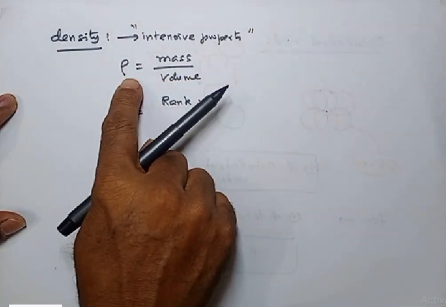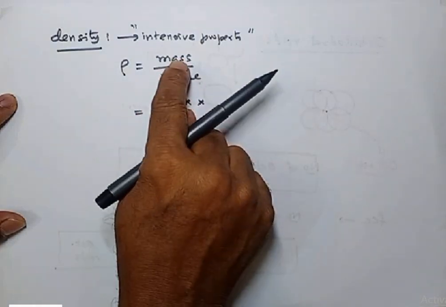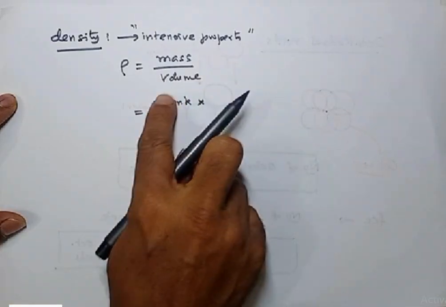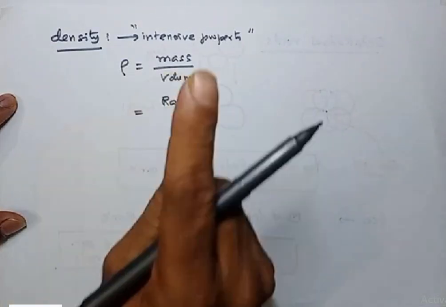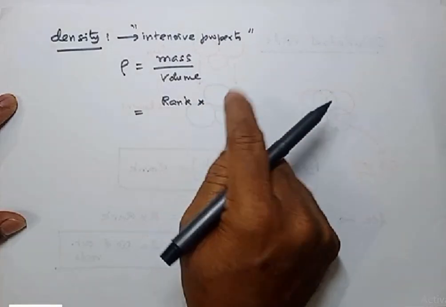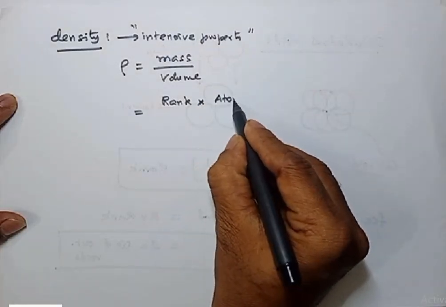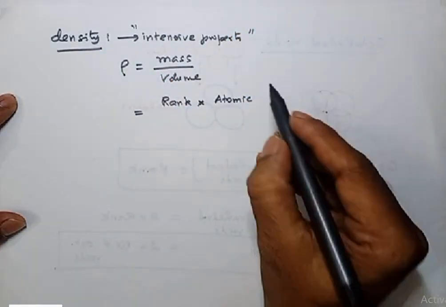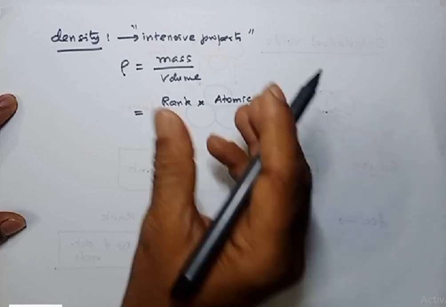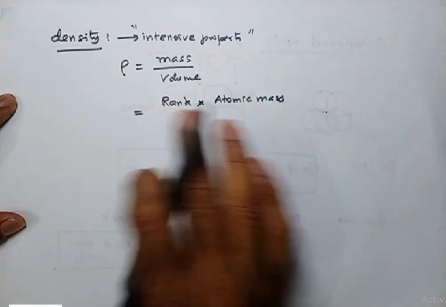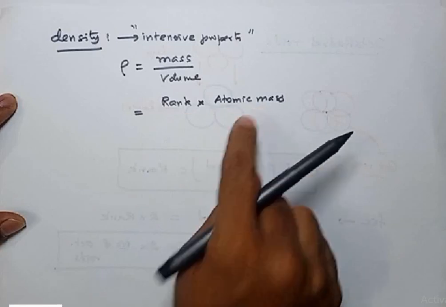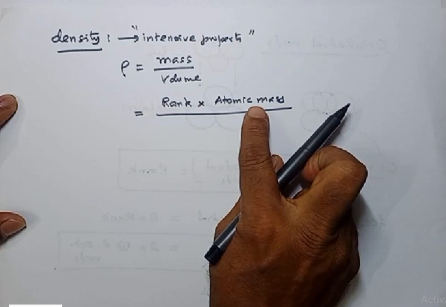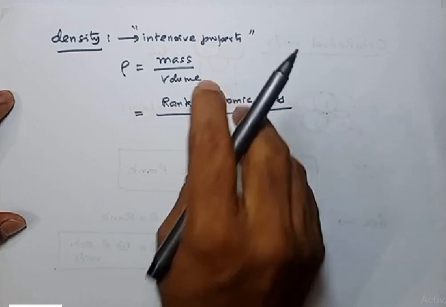So how to find density? Density is nothing but mass by volume. What is the mass of atoms present in one unit cell? It's nothing but the rank of the unit cell, which gives the number of atoms in one unit cell, into atomic mass. I am assuming that the crystal is made up of atoms, so the lattice points are occupied by atoms. We usually put atomic mass in gram per mole.